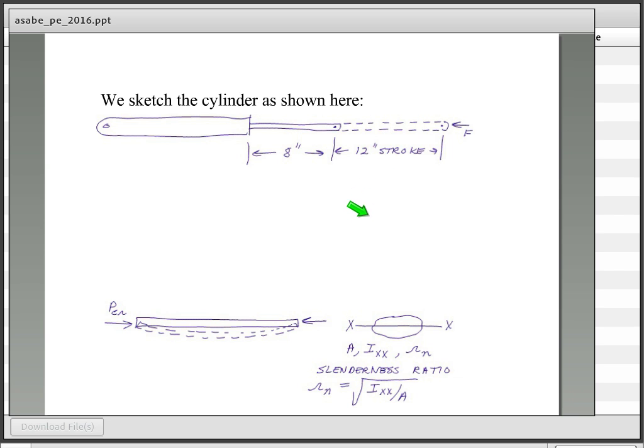And so we run into what's called the slenderness ratio, which is the area moment of inertia divided by the cross-sectional area, and you take the square root of that to get what's called the slenderness ratio.